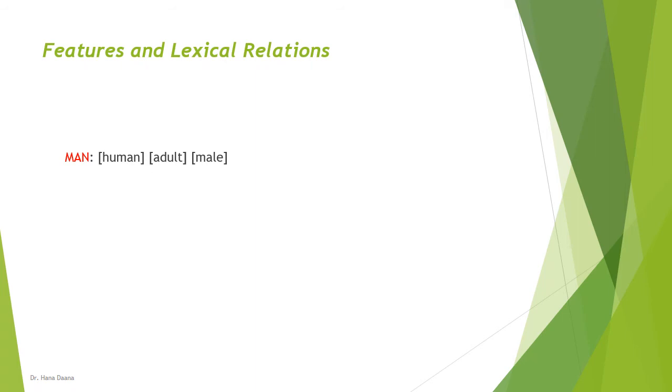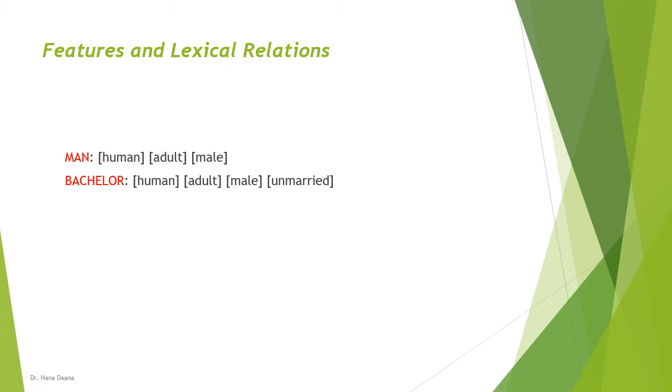The term man has the following features: human, adult, and male, as we could see. The term bachelor, for example, has these four features: human, adult, male, and unmarried.